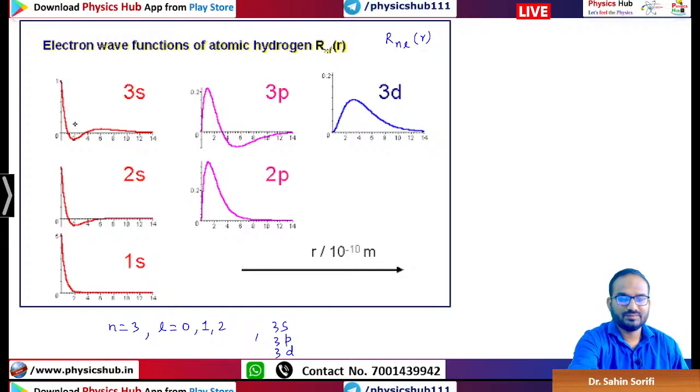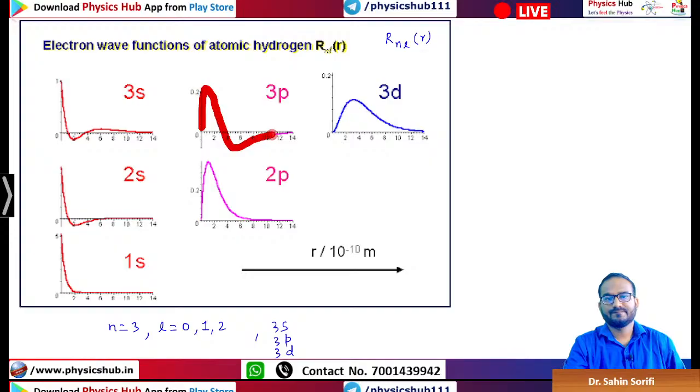And the plot looks like this. This is the plot of 3s. As you can see, it has a node here. Node means where the wave function is vanishing. Then it goes like this. This is 3p, then 3d. Then 2s, 2p. Why 2s, 2p?